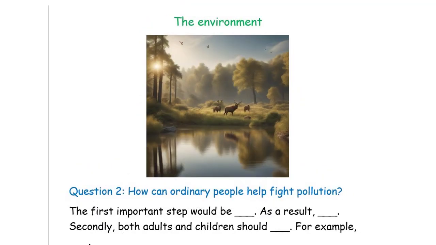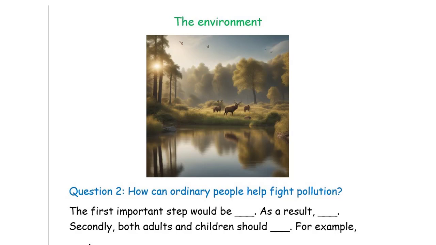Question 2. How can ordinary people help fight pollution? Moving on to the next question, let's use our speaking template. The first important step would be, and then suggest an action, such as reducing plastic usage.